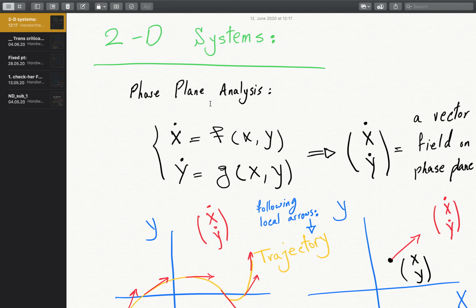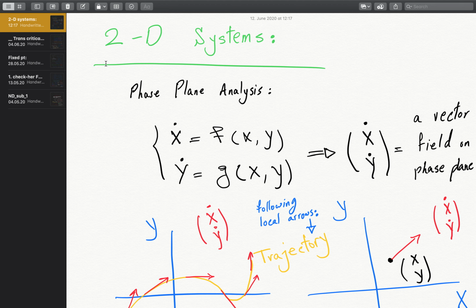So we talked about one-dimensional systems, and we also talked about its bifurcations. In this session, I don't think we can actually talk about bifurcations in 2D systems, but we go into 2D systems, and it's important.